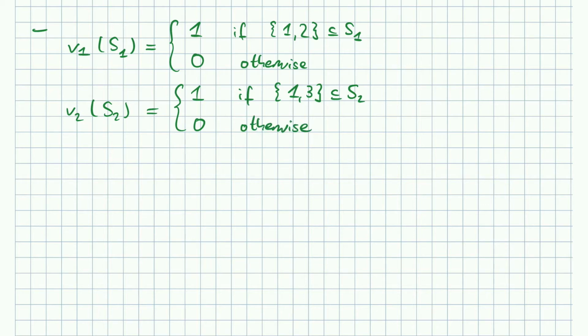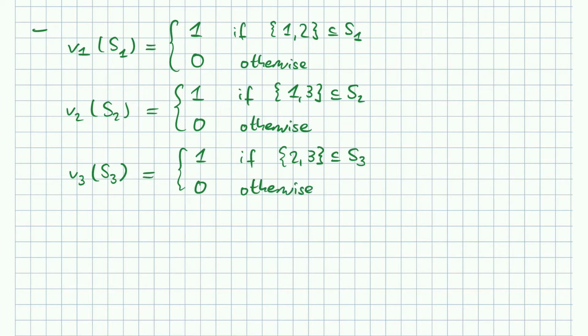The third player will have a value of 1 if they're getting items 2 and 3 and no value otherwise. And now you can figure out that there is no Walrasian equilibrium.